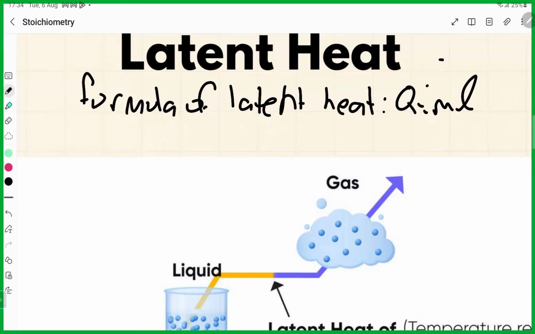The Q is the energy, like the calories or the total energy, how we can say. M is the mass, and L is the latent heat. So, let's go to the chart.